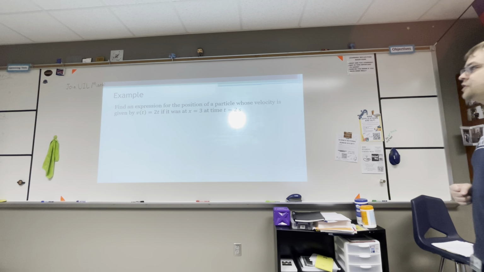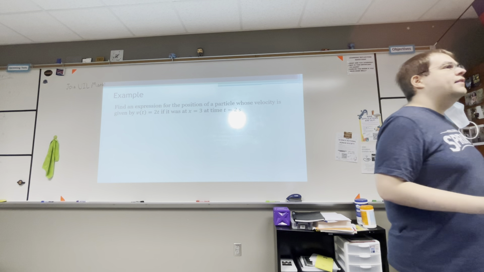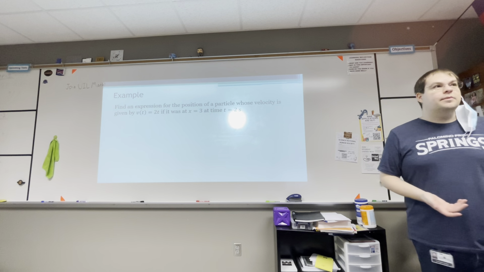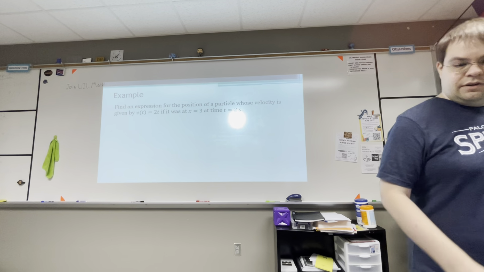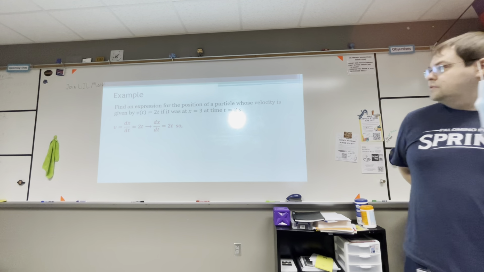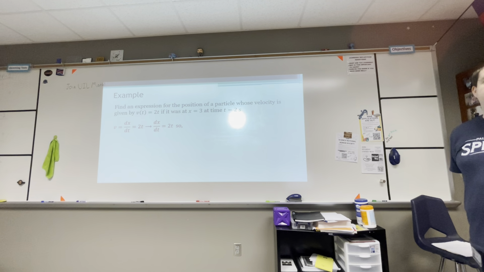Our velocity function is 2t. First, we want to anti-differentiate that, which will give us our position function. To get that position function, we're just going to do the power rule but backwards.